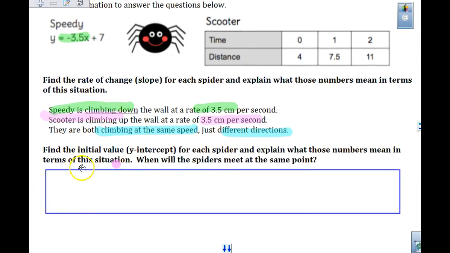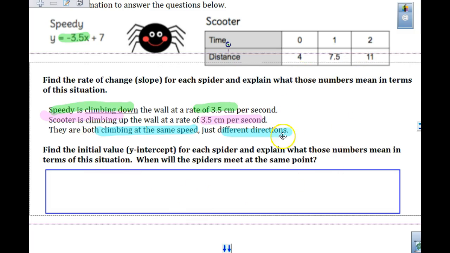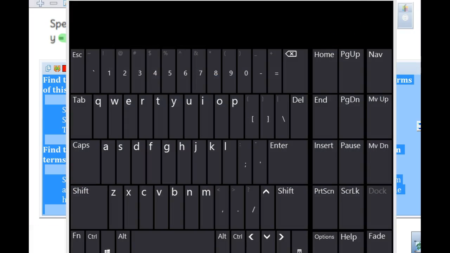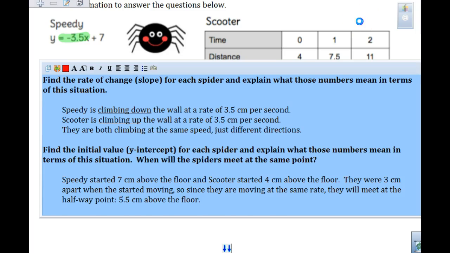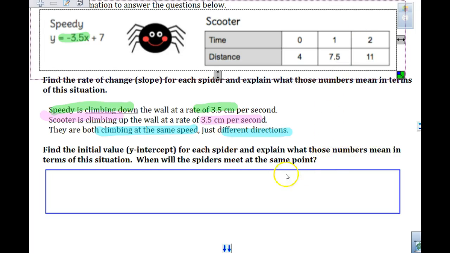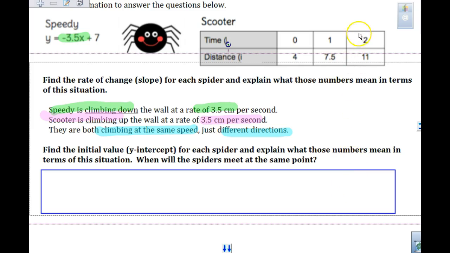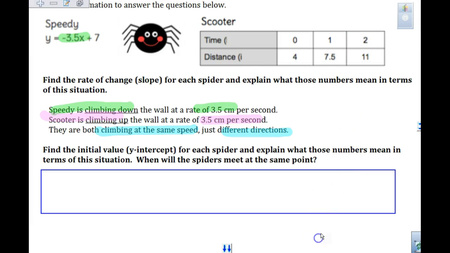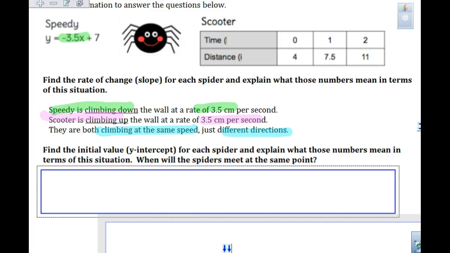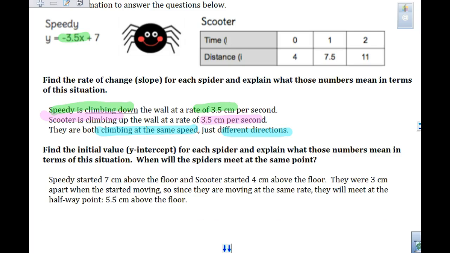Then it says, find the initial values or y-intercept of each spider. Explain what it means in terms of the situation. When will the spiders meet at the same point? Do you think they will meet? Yeah. No. So, if they are sitting on the same wall, they actually are going to intersect.